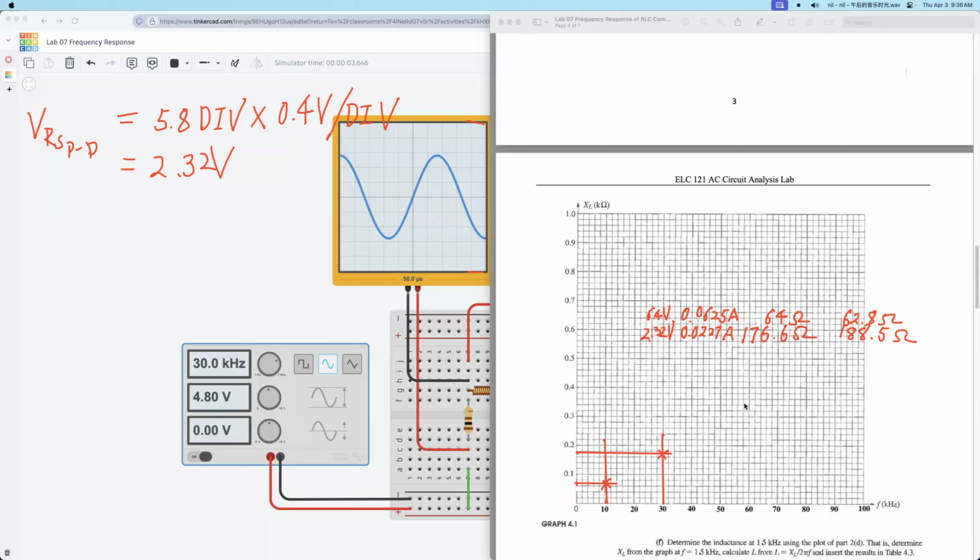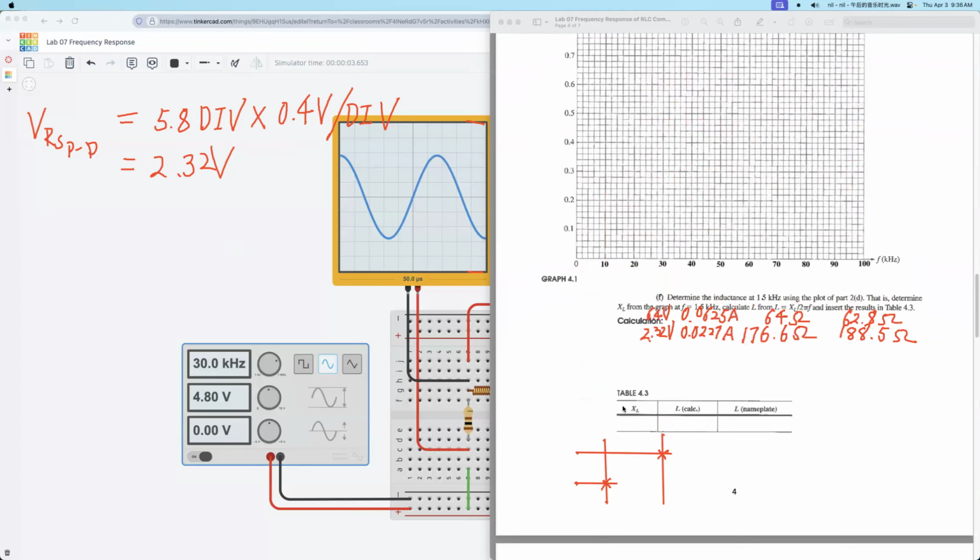So in total you will get 5 points on this figure. After you finish marking these 5 points, connect them, and it should be very close to a straight line, because XL we know is proportional to the frequency, right? So this is for this step.